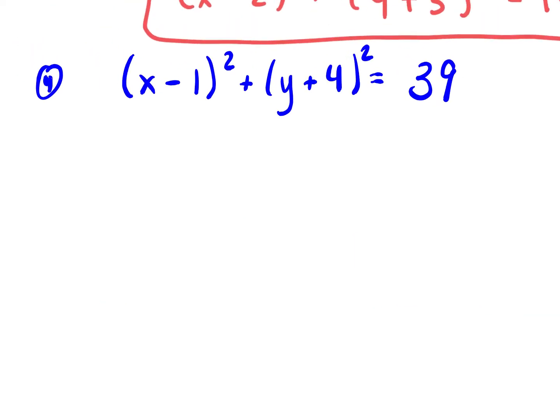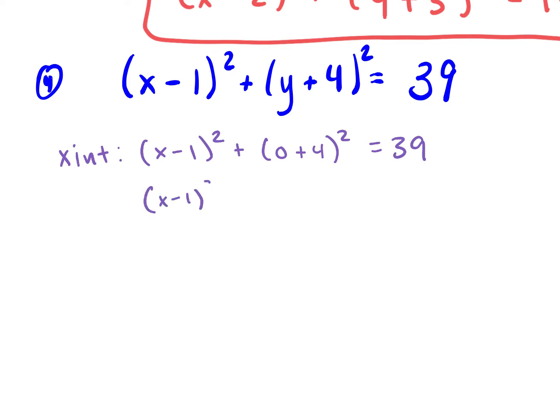So how do I find the x-intercept? Plug in 0 for y. So I have x minus 1 squared plus 0 plus 4 squared is equal to 39. So x minus 1 squared, this will be 4 squared, which is 16, is equal to 39. What should I do next?